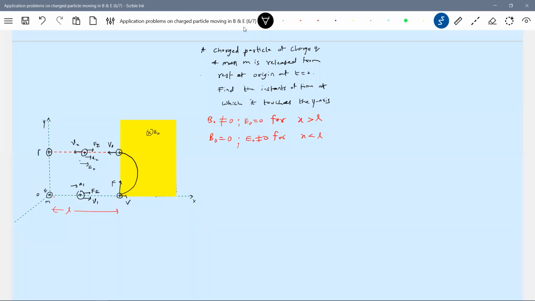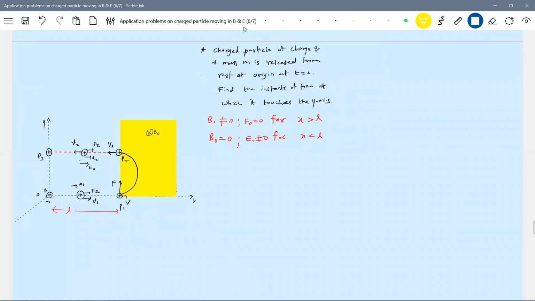There's a point P1, P2, P3. Now again, what will happen to the charged particle? Again, it's going to retrace the path. Again, it will enter. Like this, if you look at the charged particle, it's going to oscillate.